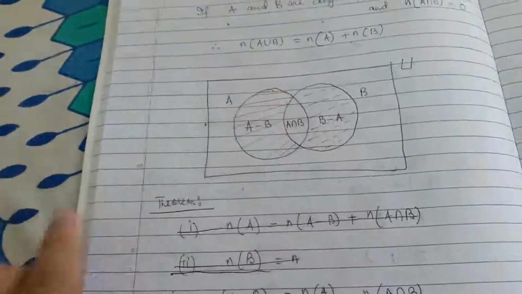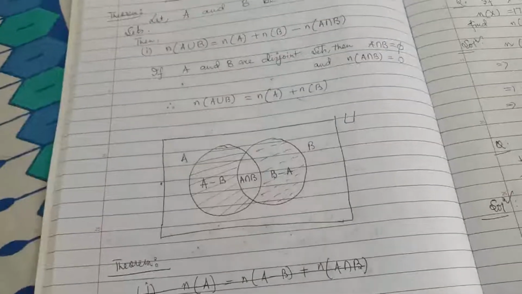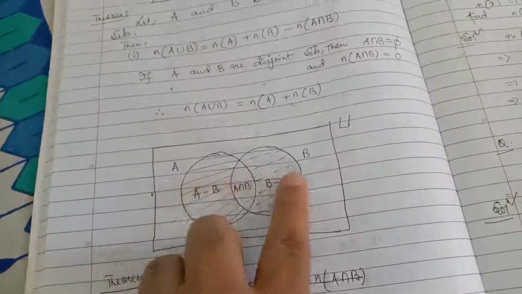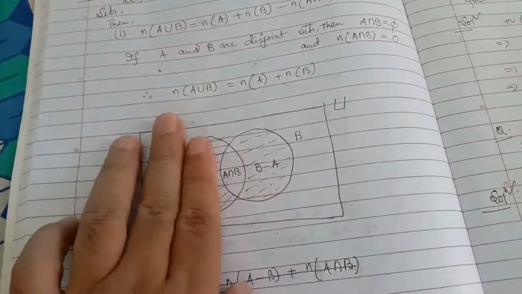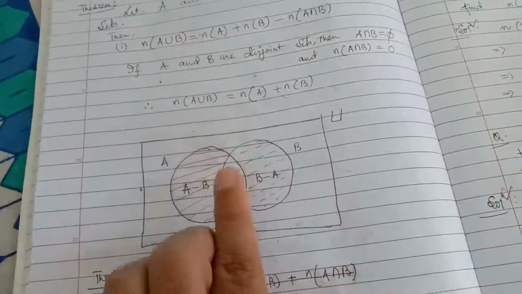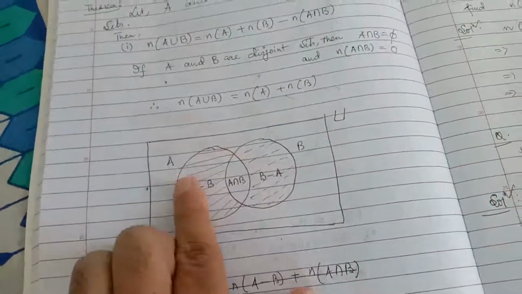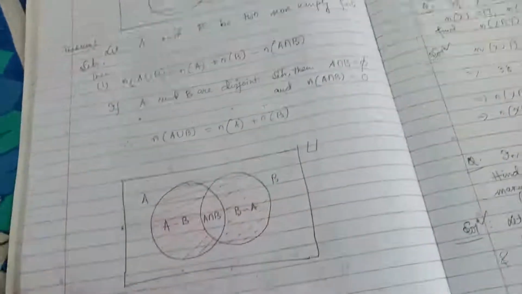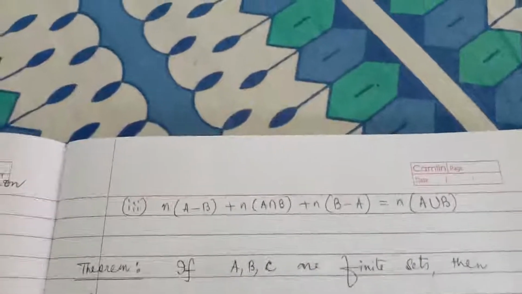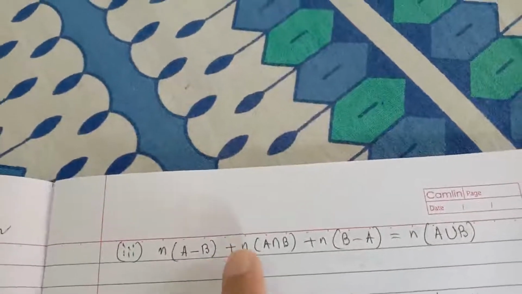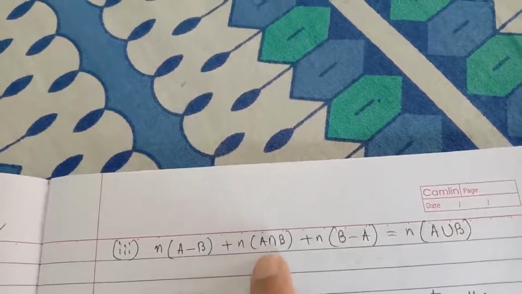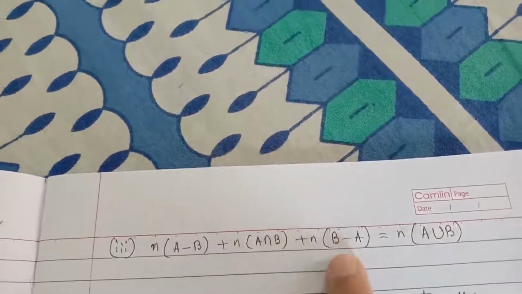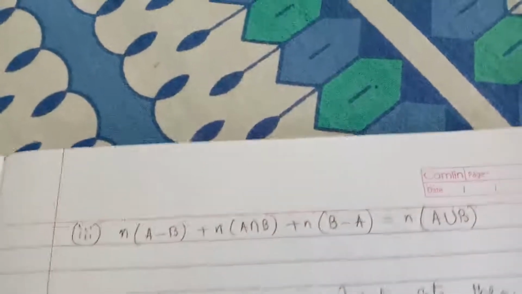And the sum of these three sets, A minus B, B minus A, and A intersection B, is equal to A union B. I have written here n(A union B) equals n(A minus B) plus n(A intersection B) plus n(B minus A).